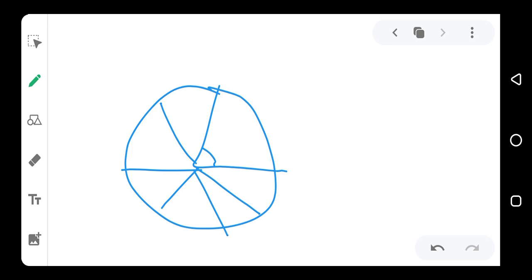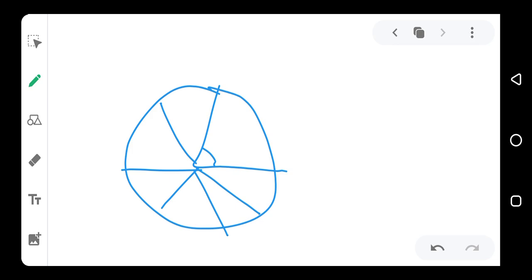The size of each sector is equal to the size of the data. That means if you have 2 boys and 3 girls, the sector that we are going to give to the girls will be higher because the number of girls is higher than that of the boys. If you have 4 oranges and 10 mango, we are going to give mango more sector. The angle it is going to take will be higher than that of the other one that is lesser.